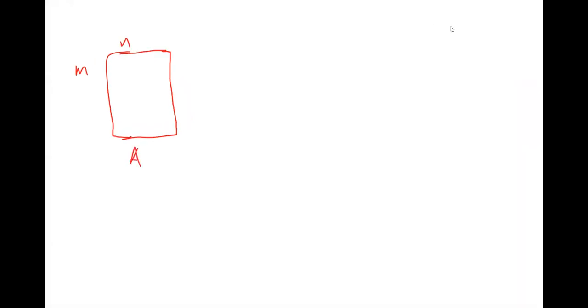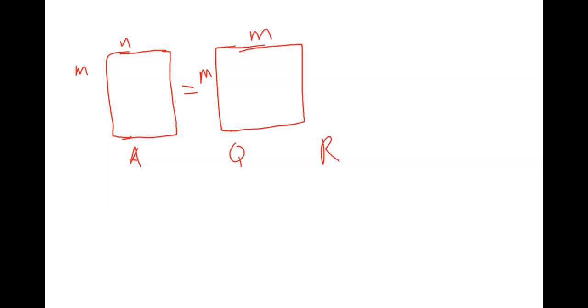We have an M by N A, which you say can be written as an M by M Q and an R, which is an M by N.